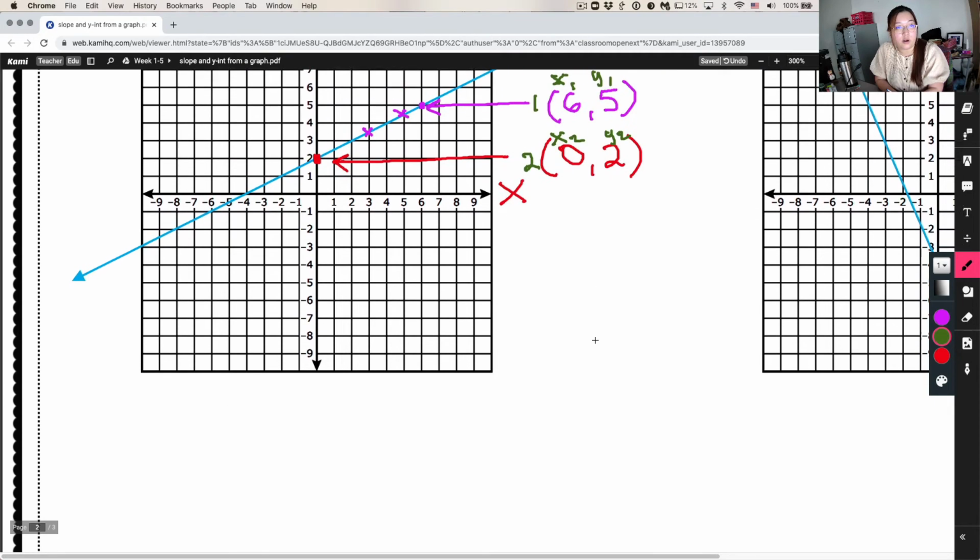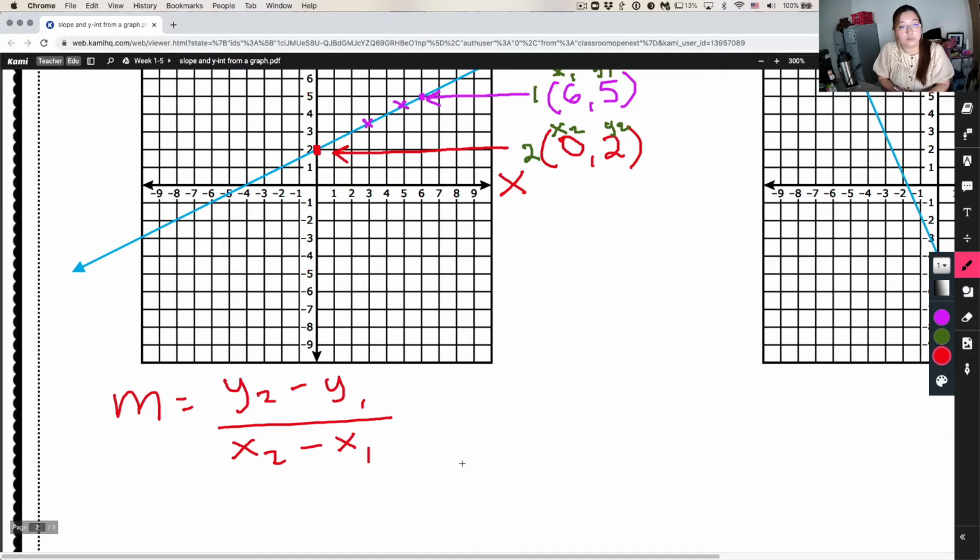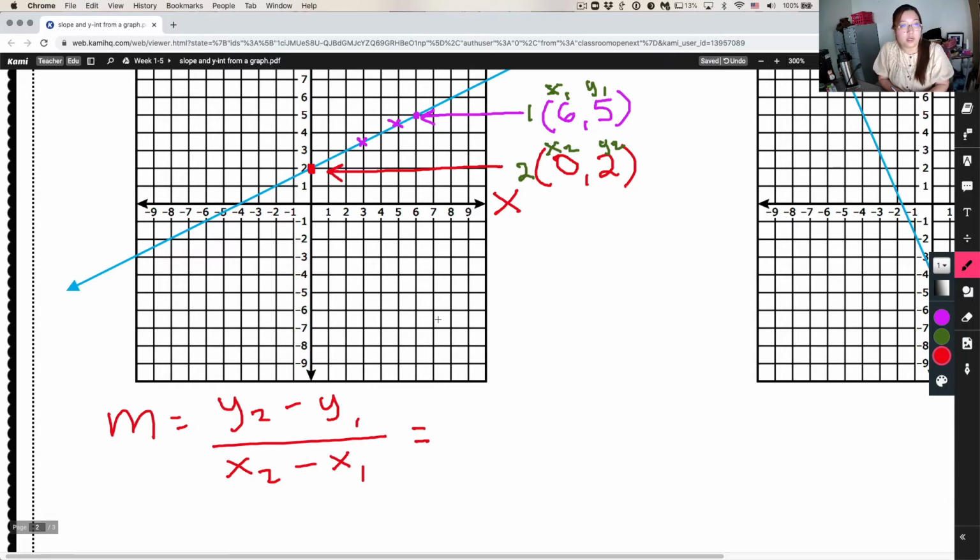We can now use our handy-dandy formula, which I said you don't have to memorize, but you're going to use it so often that you will memorize it. M equals y2 minus y1 divided by x2 minus x1. So all we have to do is take these numbers up here and put them into the right slots.